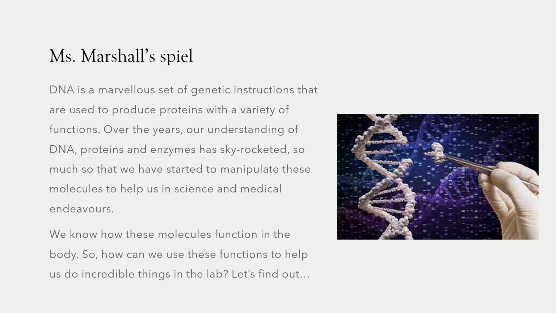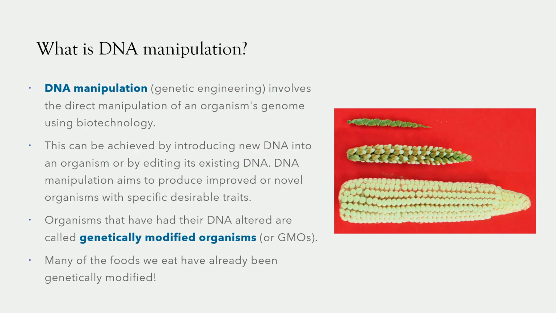So over the next couple of videos, we're going to be looking at specific techniques that we have observed in humans or particularly bacteria, and we're now manipulating those processes to help us scientifically. So the first thing that we need to be able to do is define what DNA manipulation is.